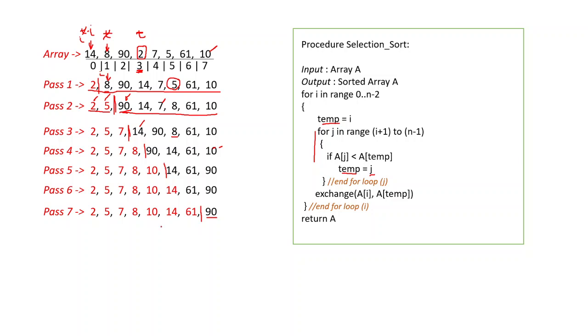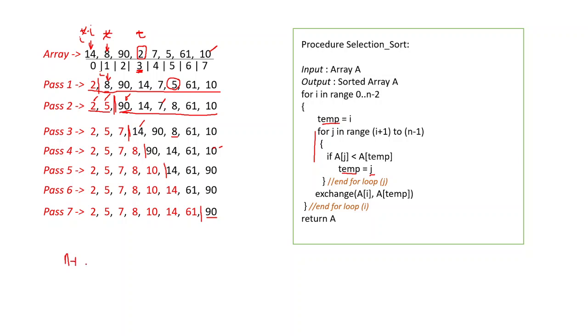Now much can be said about the runtime complexity of this algorithm, but I am trying to explain it in a very plain and simple way. So see, in the first pass, consider there are n elements. In the first pass, the number of comparisons made is n minus 1.